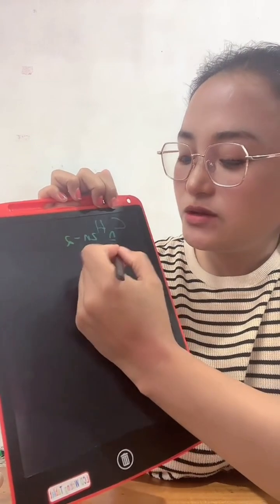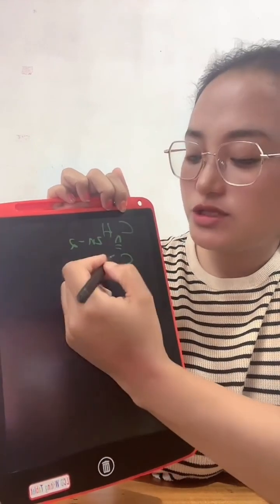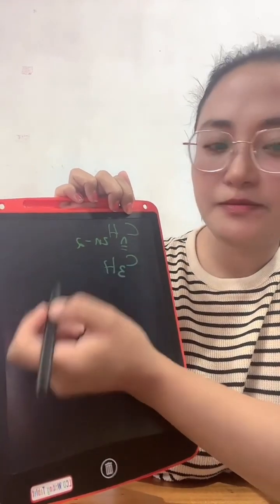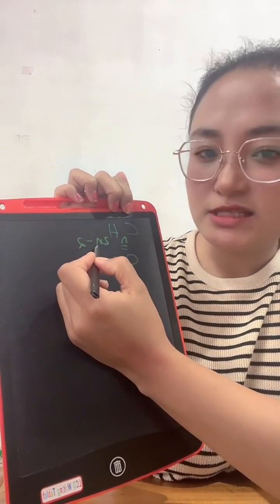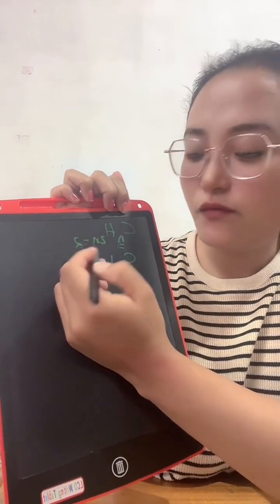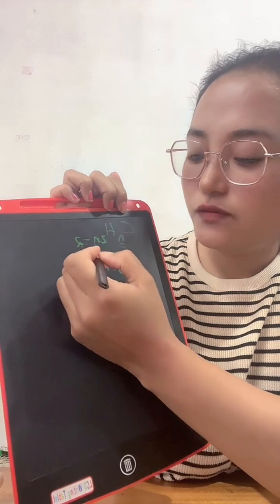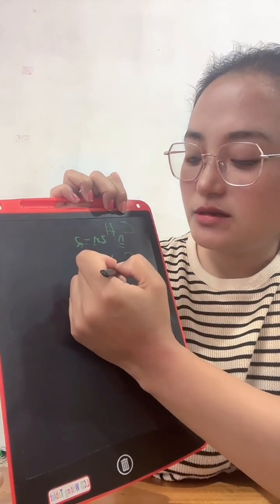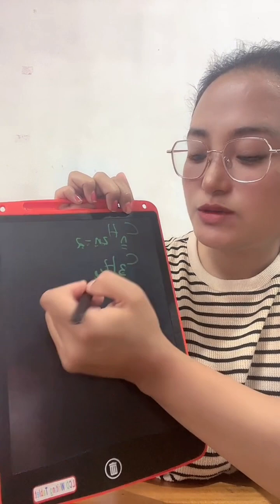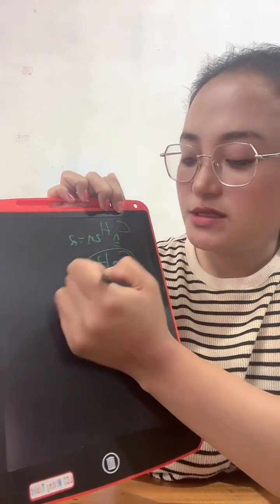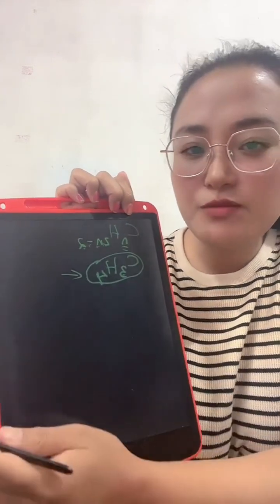Then n is 3, so C3, and hydrogen comes: 2 times 3 is 6, minus 2 is 4. C3H4. 2 times 3 is 6, minus 2 is 4. So this is the next alkyne member.